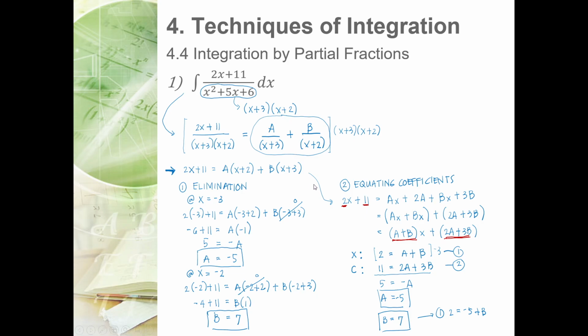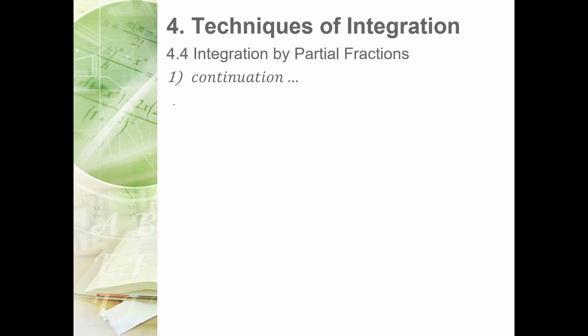So, if we want to try to integrate now, so integral, instead of writing the original term, we have to write now negative 5, that would be the a, di ba? Over x plus 3, and then plus b, which is equal to 7, 7 over x plus 2.